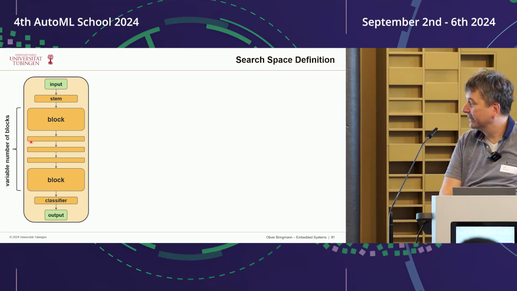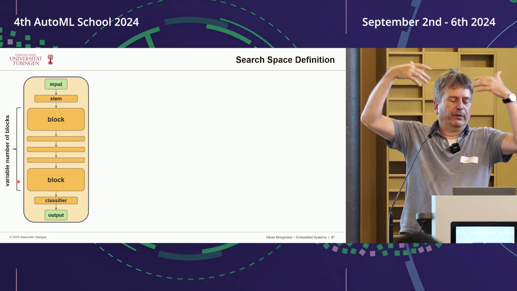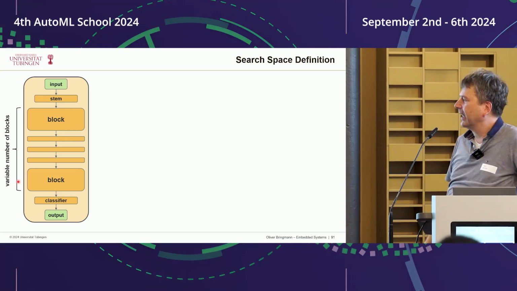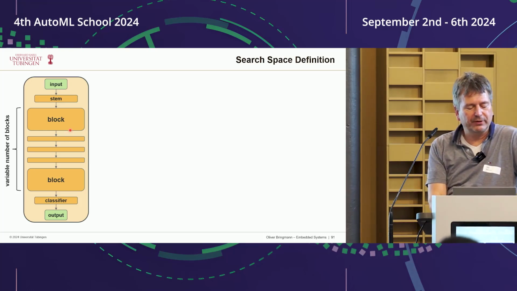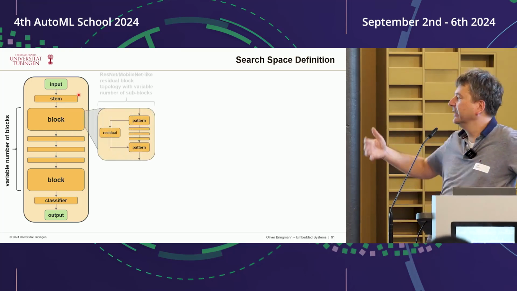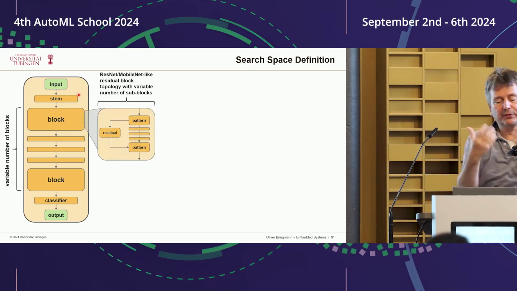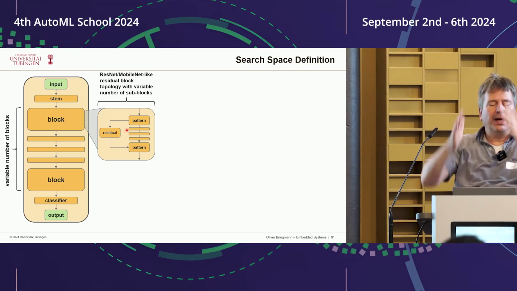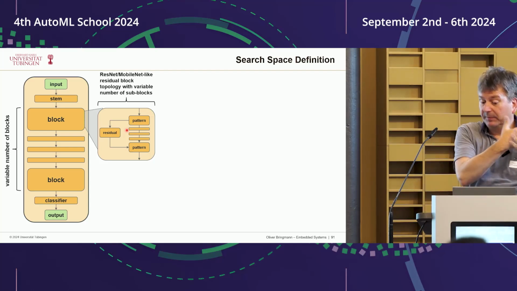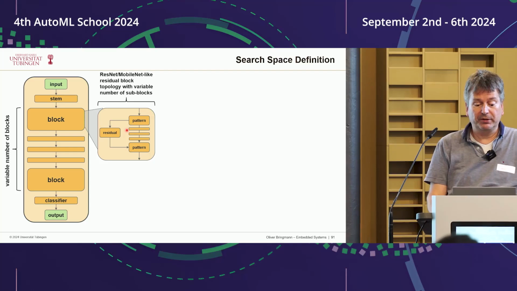Here we have some kind of macro architecture or macro topology of our networks in mind, which can consist of multiple blocks. Each block can have different characteristics. Here we can put in a residual block or just a linear block, and that can be selected and chosen automatically.